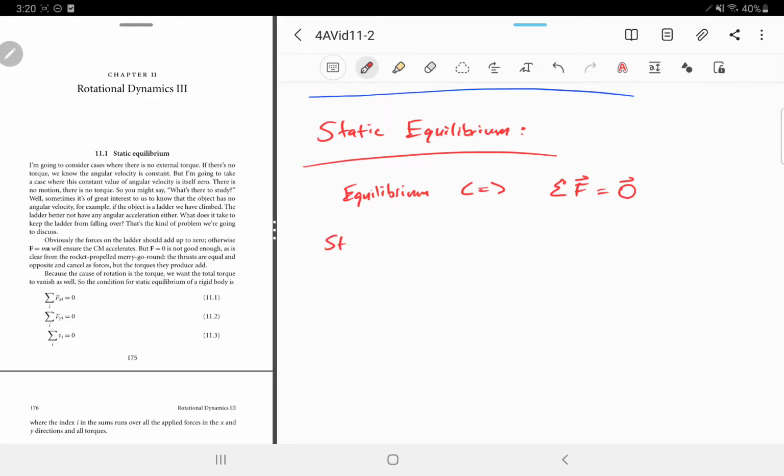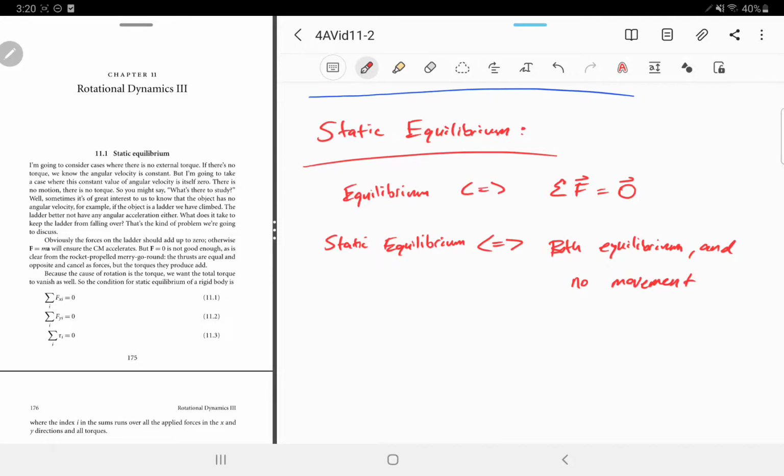Static equilibrium is a little bit more stringent. Static equilibrium means both equilibrium and no movement.